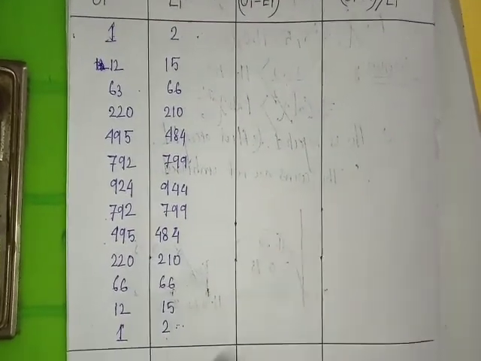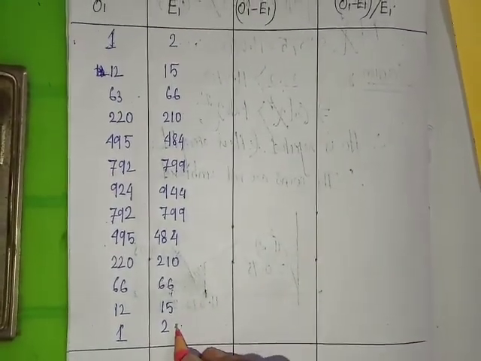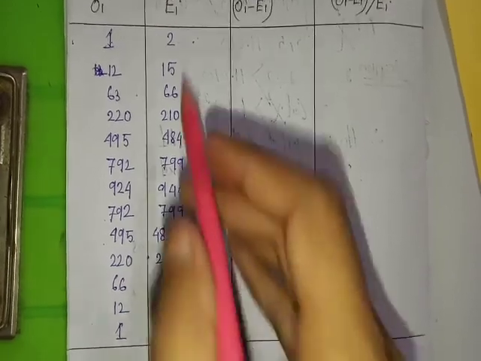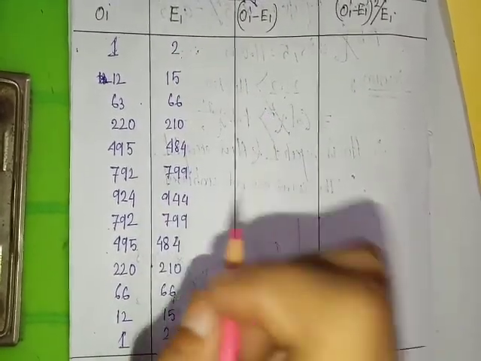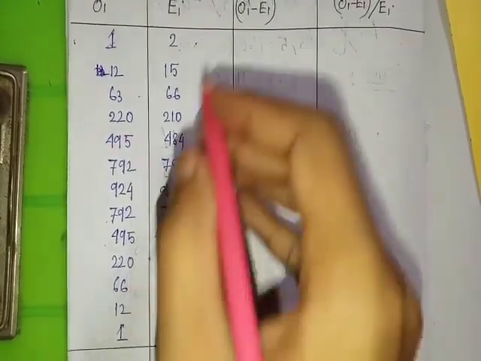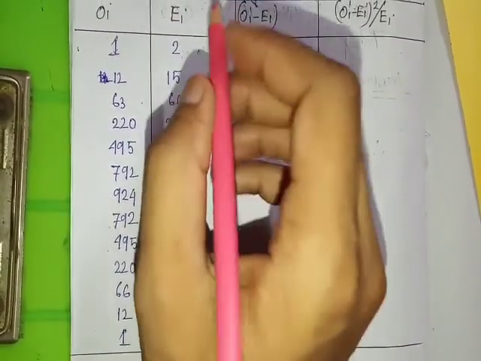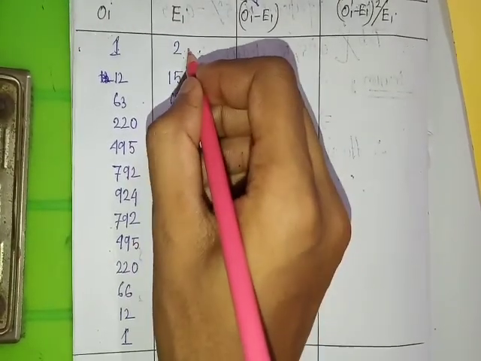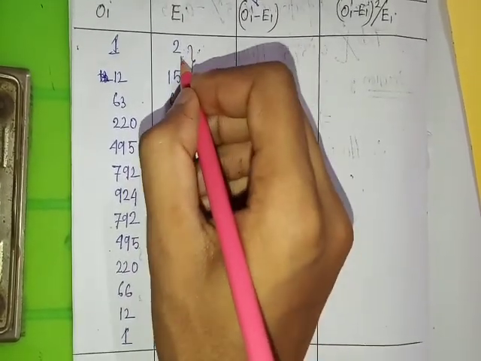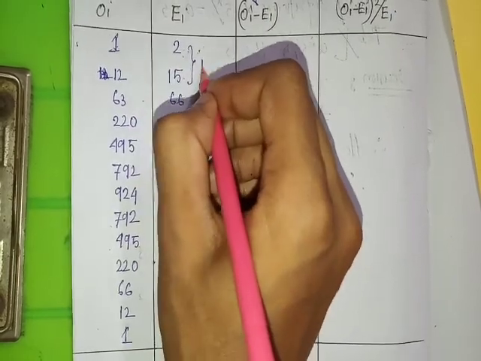Here this frequency is 2, and this frequency is also 2, both less than 5. So we add the succeeding frequency. The succeeding frequency of 2 is 15, so adding 2 and 15, we get 17.